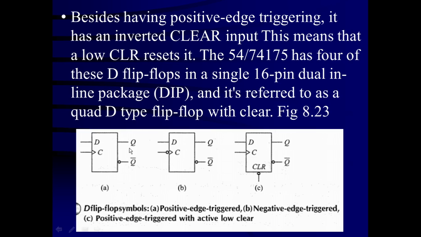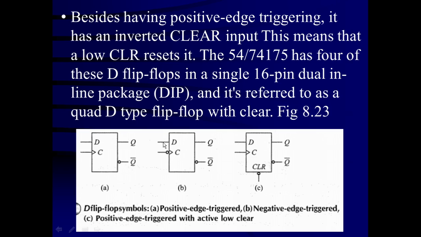So these are the various symbols for the D type flip-flop. The normal positive edge triggered D flip-flop has a D input as a straight line, and an edge triggered clock input. That means there is a small triangle, which indicates that this is a positive edge triggered D flip-flop.